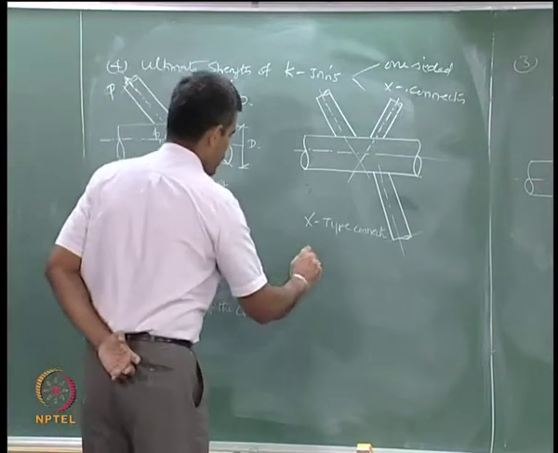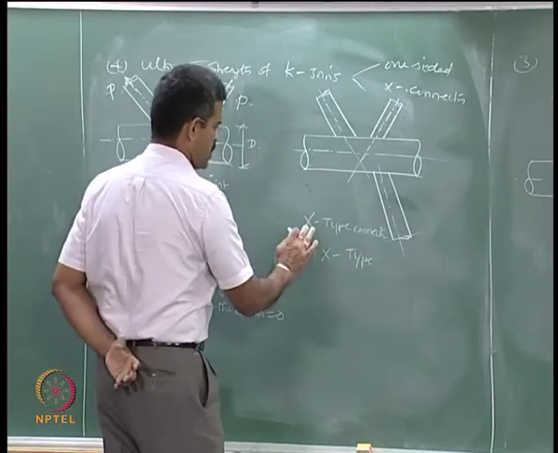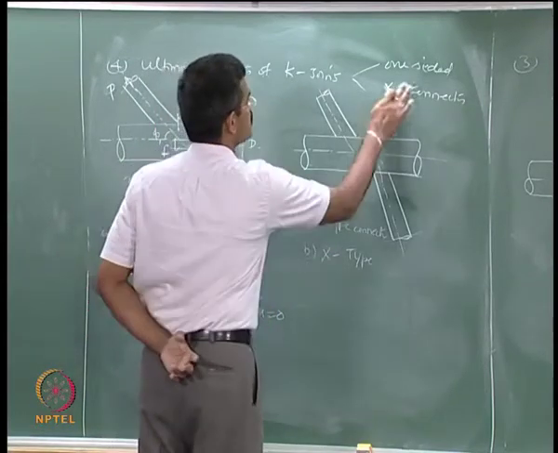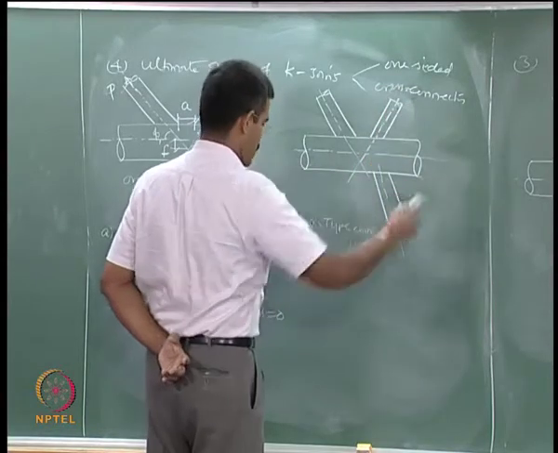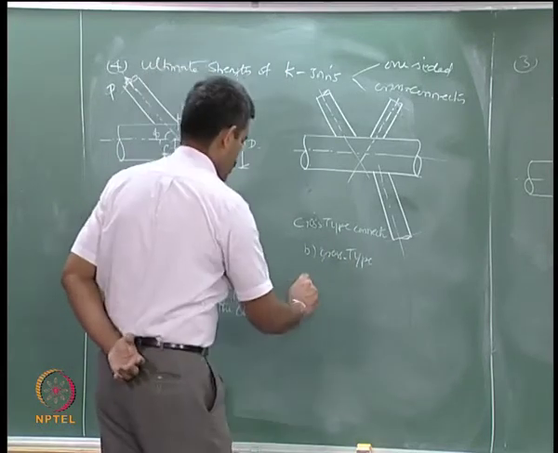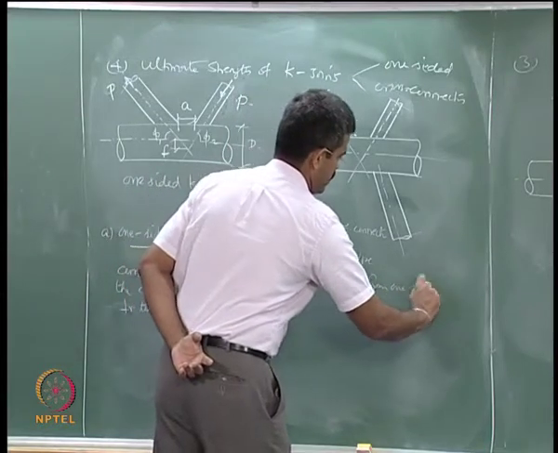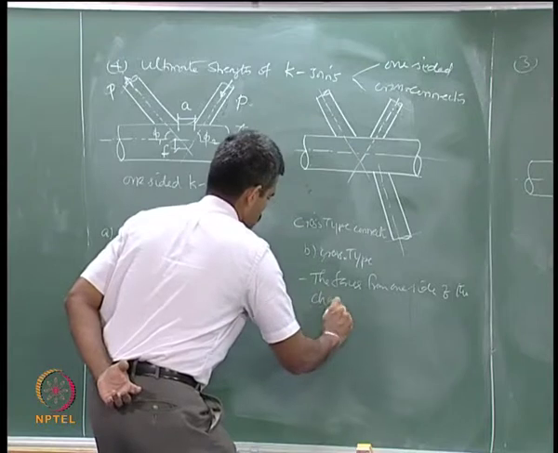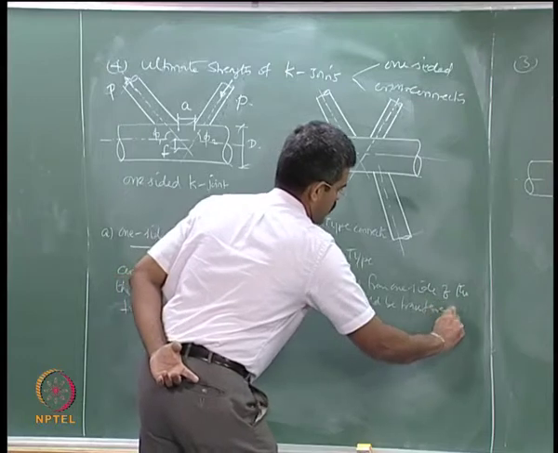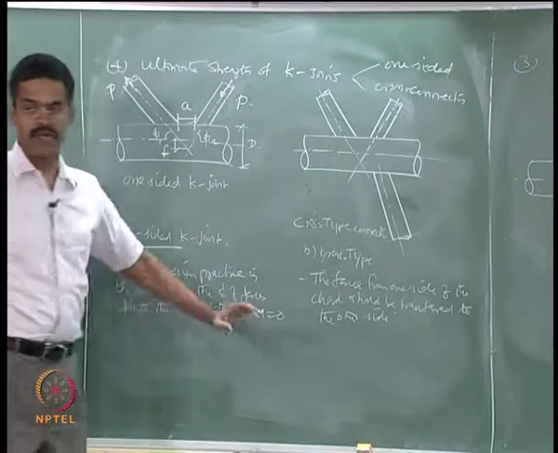In the cross type, instead of saying, do not say X type, it is cross type, very specific, cross connection, because X type is another joint. In the cross type, the forces from one side of the chord should be transferred to the other side. That is the design principle here.